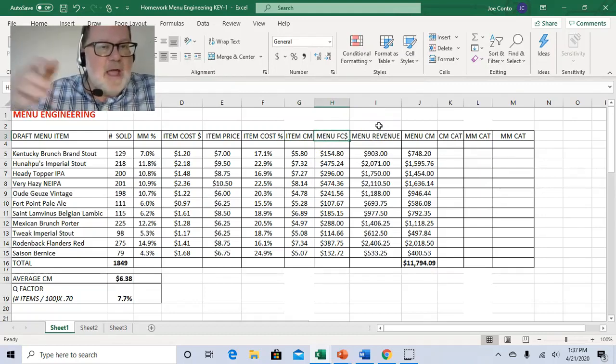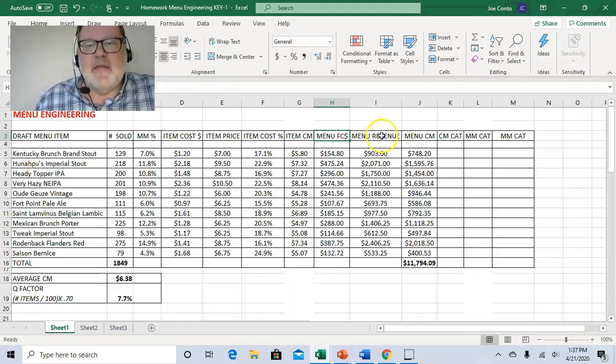I multiply that by all the beers I sold, and I do the same thing for my menu revenue and my menu contribution margin. All right.